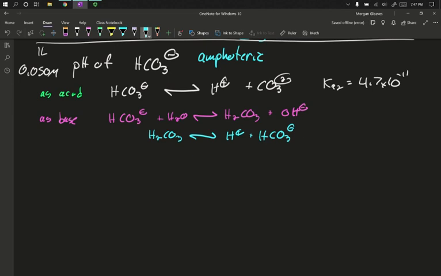If we add pure sodium bicarbonate salt, you get just the bicarbonate ion. That is our only starting source, so the reverse reaction that we normally write can't happen. When it's acting as a base, instead it's going to steal that H plus from water.